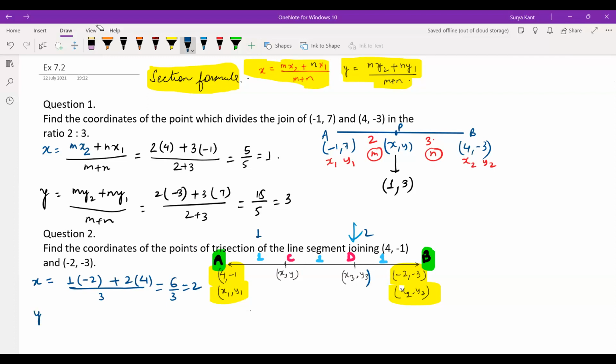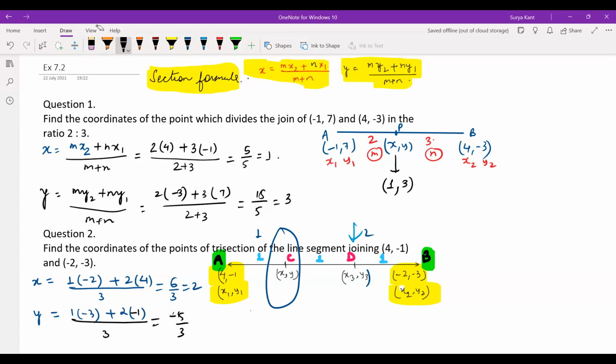And y is equal to 1 into -3 plus 2 into -1, 2 into -1, divided by 3. So -3 -2, -5 by 3.